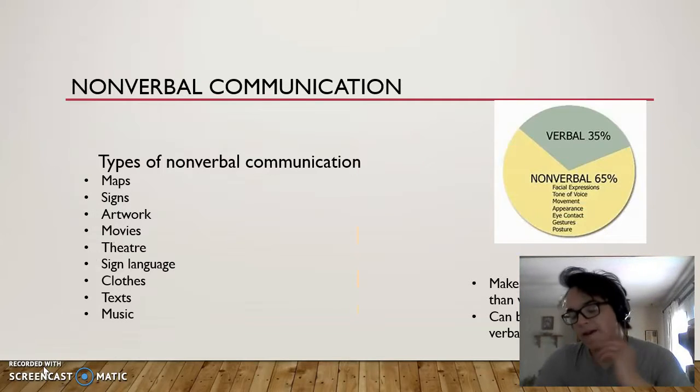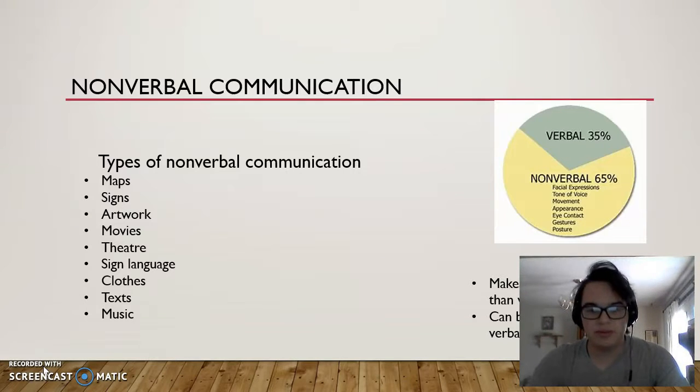Nonverbal communication. Okay, so this probably made up the majority of what I wrote about in my paper. I think nonverbal communication is way more interesting to me than just verbal communication.